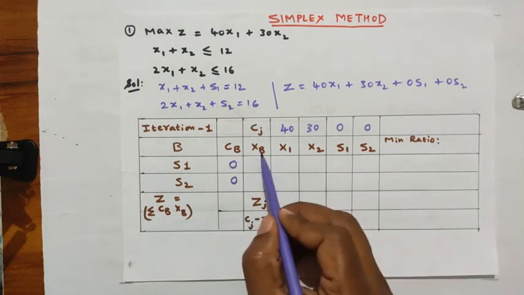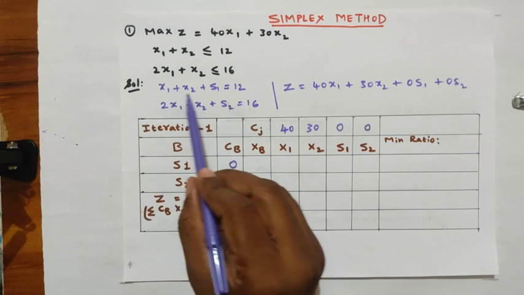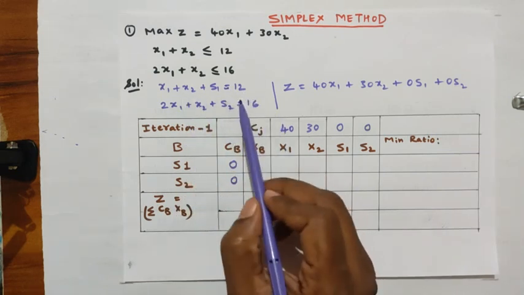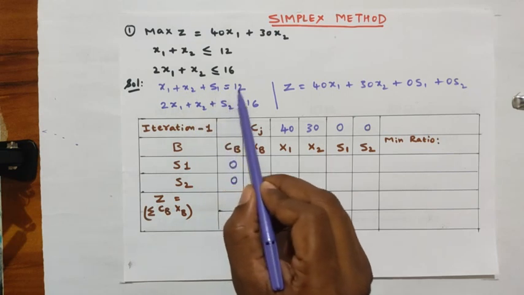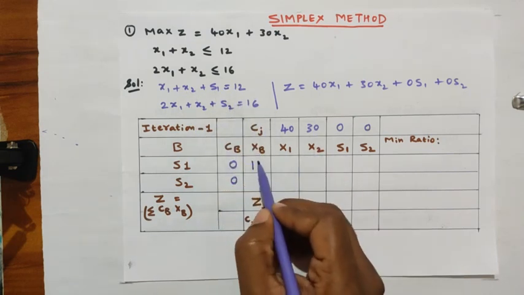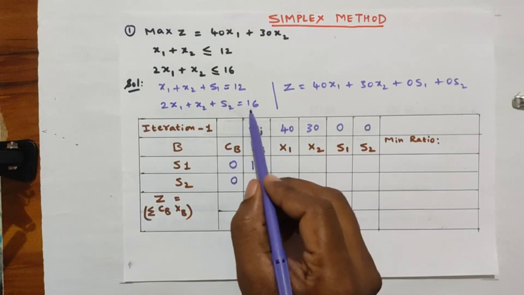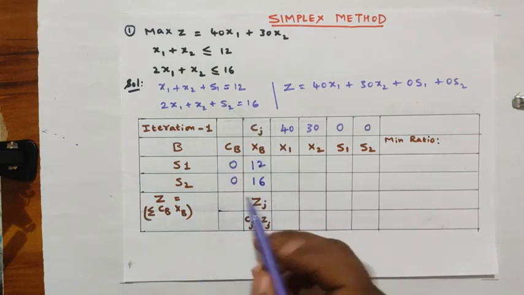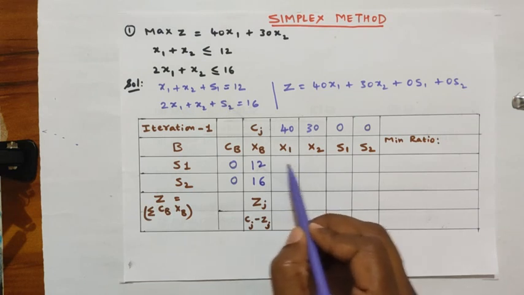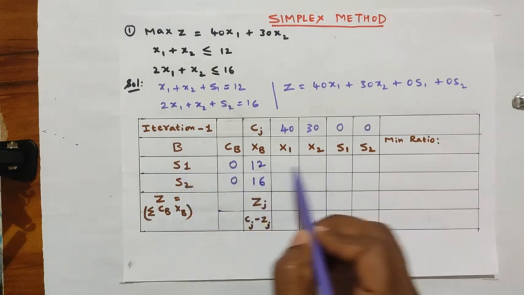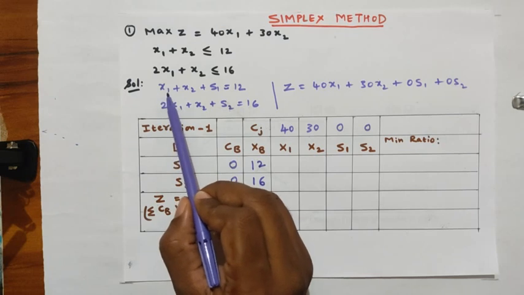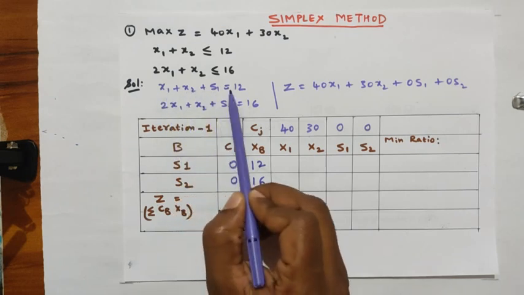Here xb is there. Now xb means the RHS values of the constraints. RHS of the first constraint equation is 12, so I am writing 12, and the second constraint equation RHS value is 16, so I am writing 16. This is called the first row. In the first row we will write the coefficients of the first constraint, x1 plus x2 plus s1 is equals to 12.